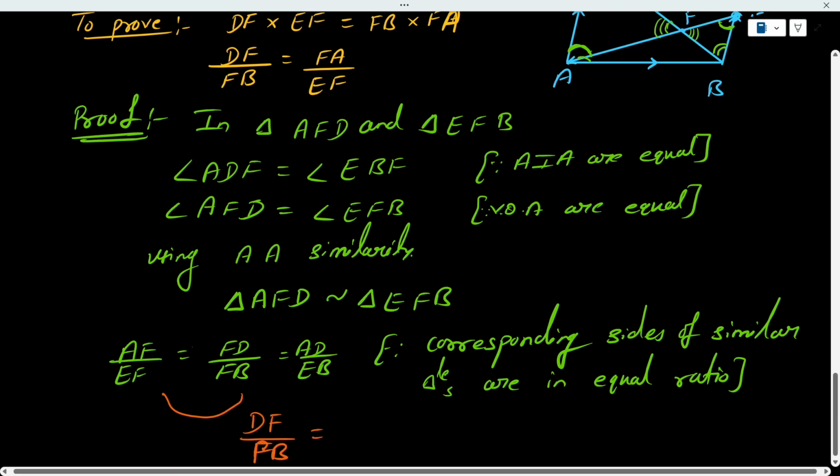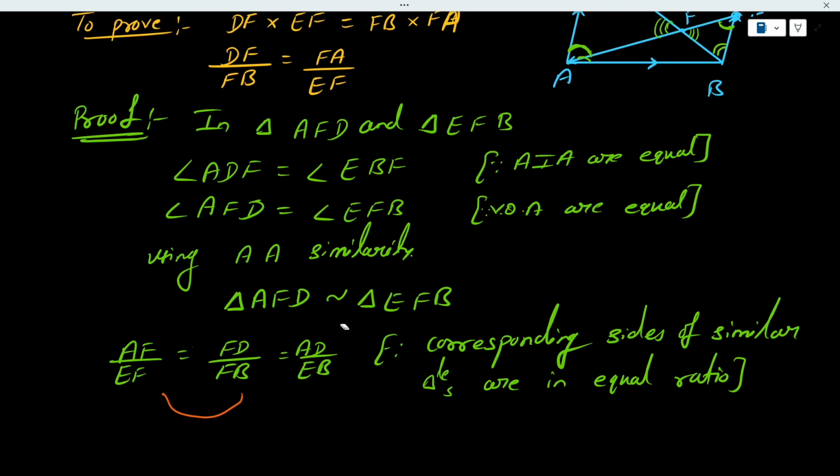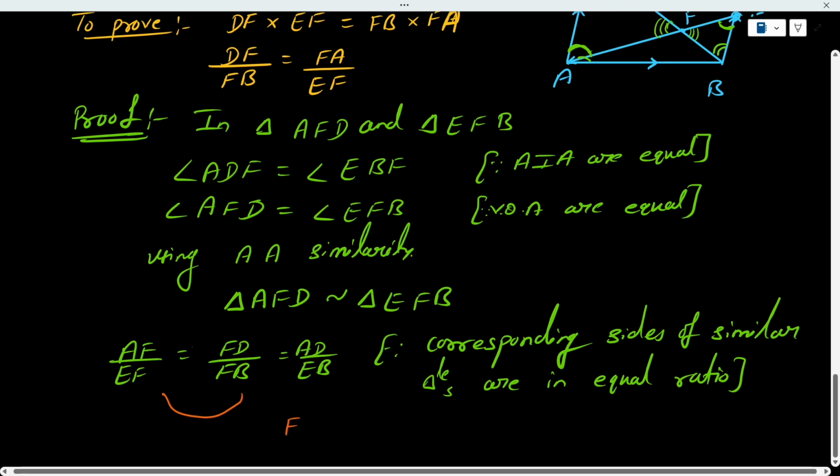In similarity, we keep our correspondence in mind, but when you are talking about the final answer, length, then you can take it, so it is DF by FB, right? So here DF by FB is equal to FA by EF. Hence proved.